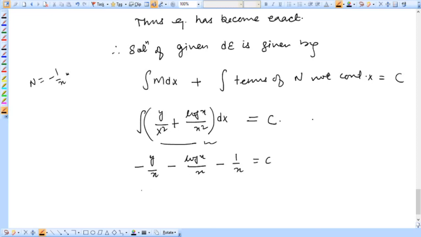So therefore this is the given solution, y plus x plus 1 plus cx is equal to 0, which is the required solution.